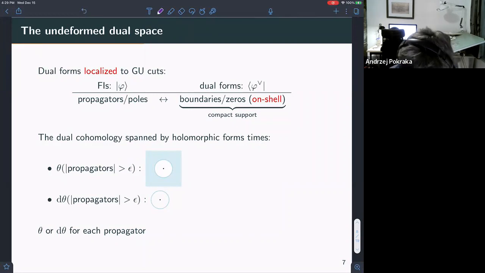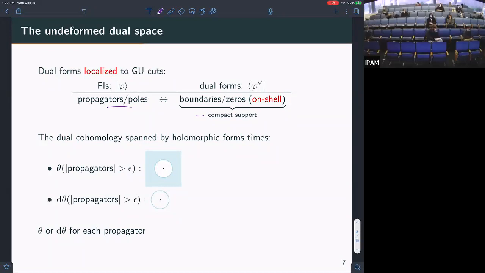So if I have a propagator on the Feynman integral side, that becomes a boundary or a zero on the dual side, and these are zeros at the on-shell conditions where the propagators are on-shell. Essentially this dual cohomology is populated by differential forms that have compact support on these generalized unitarity cuts.